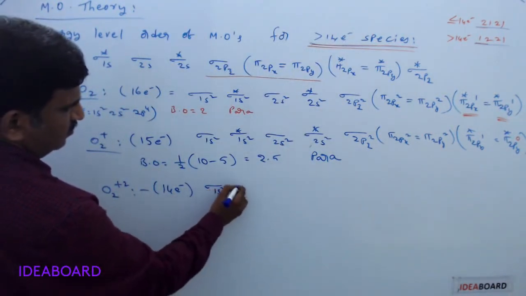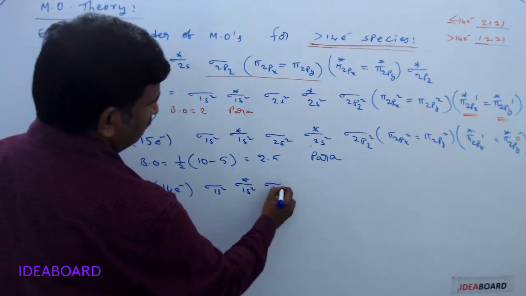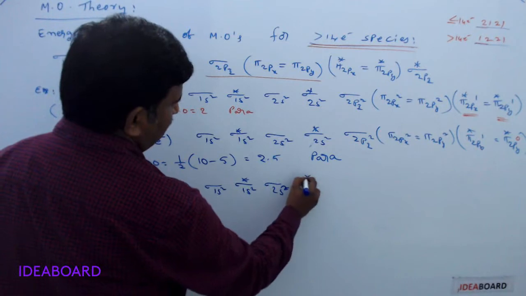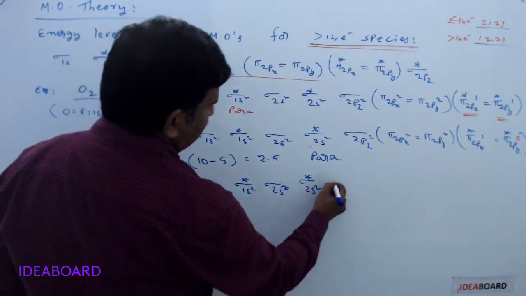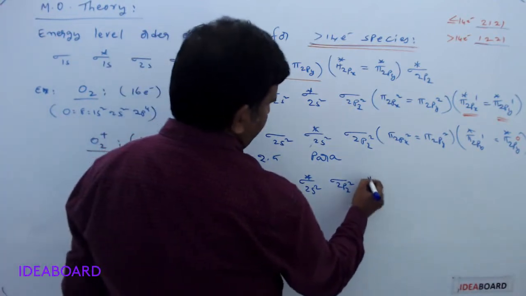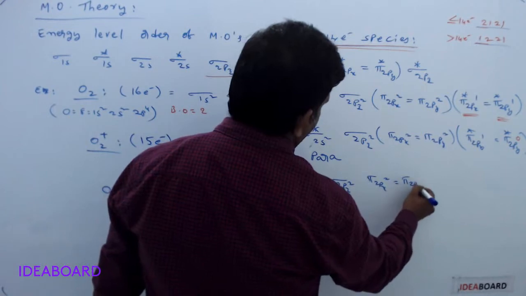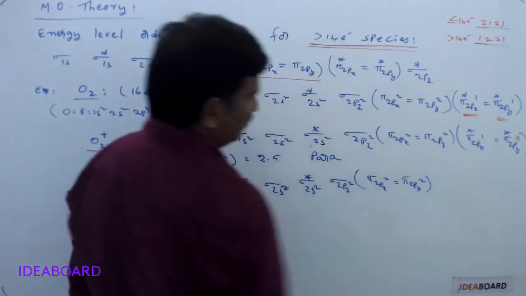Sigma 1s2, sigma star 1s2, sigma 2s2, sigma star 2s2, next sigma 2pz2, next pi 2px2 is equal to pi 2py2. That's it.